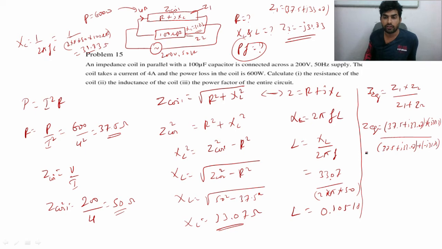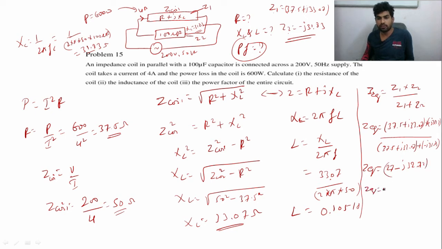So finally we get Z equivalent as 27 minus J 32.72. If you convert into polar form, use calculator, we get Z equivalent is equal to 42.42 angle minus 50.5 degree.